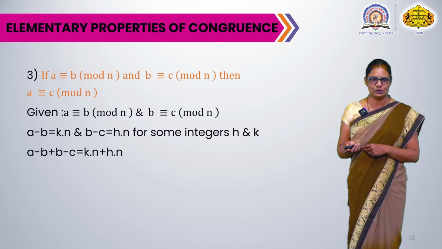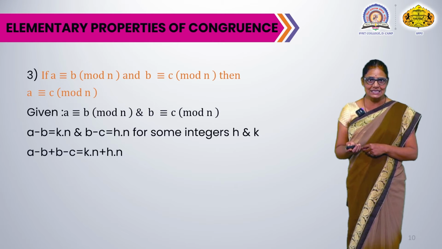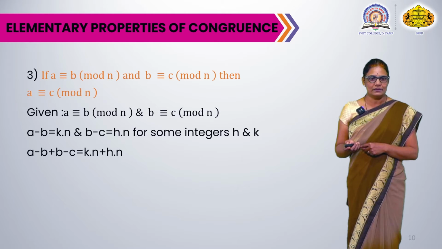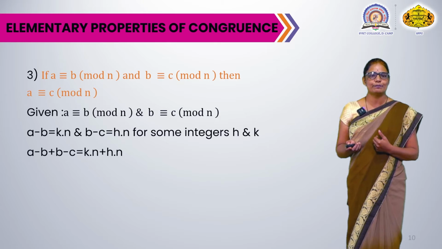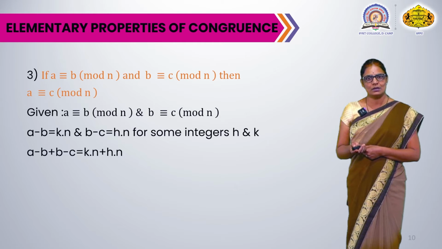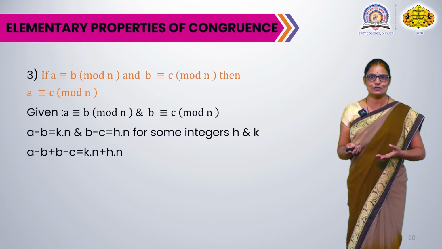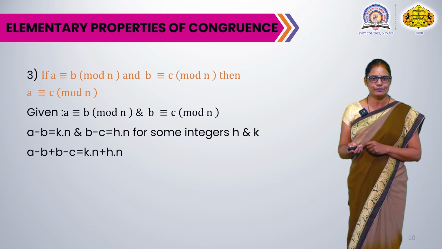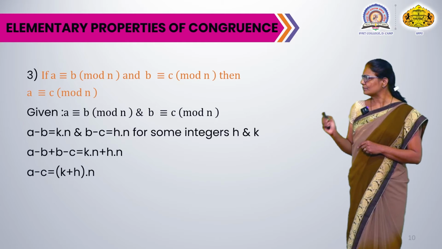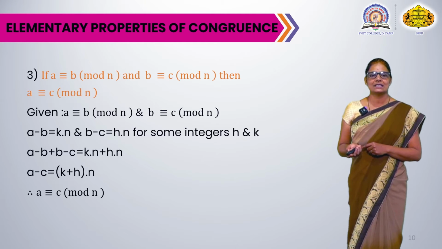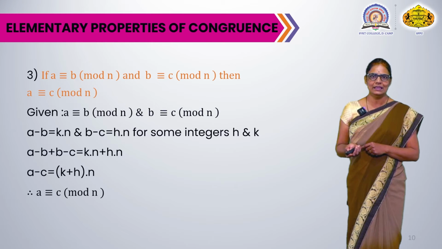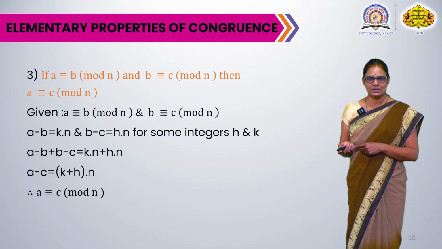Here b gets cancelled, and after cancelling b we get a minus c equals n times k plus h. Now k is an integer, h is an integer, so their addition is an integer. So we get a minus c equals some integer times n. So according to the definition of congruence, a is congruent to c modulo n.